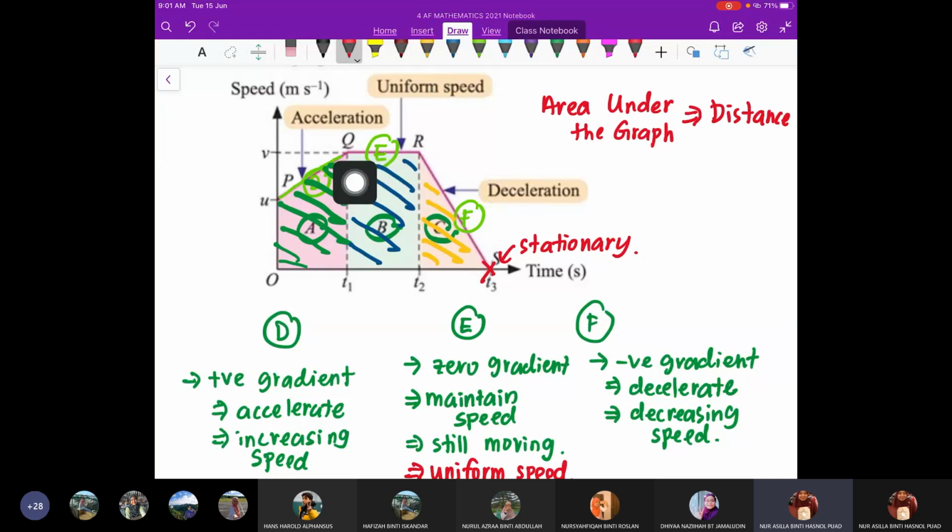And then kamu nak tahu berapa jarak keseluruhan, kamu boleh kira satu-satu dan kamu tambah semua. Okay, so untuk tahu jarak, itu dia. So ini penting. Sebab kita kena tengok soalan dulu. Okay, let's look at questions.